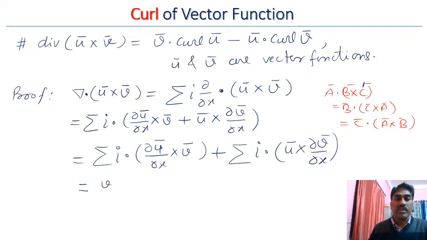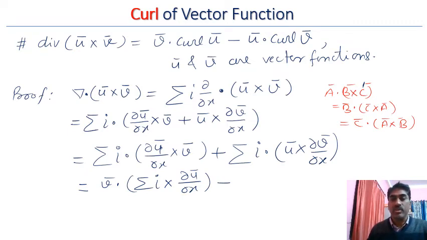This can be written as v dot sigma i cross del u by del x. Similarly, in the second one, we first rotate it: sigma i dot del v by del x cross u.